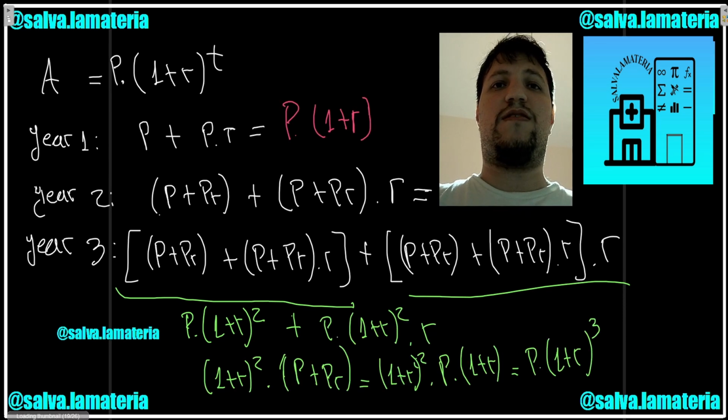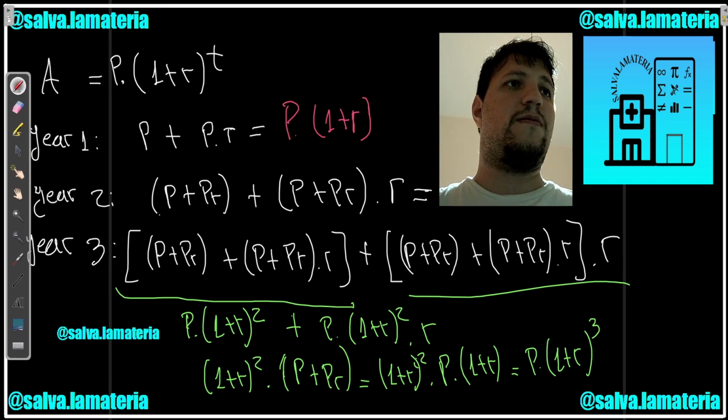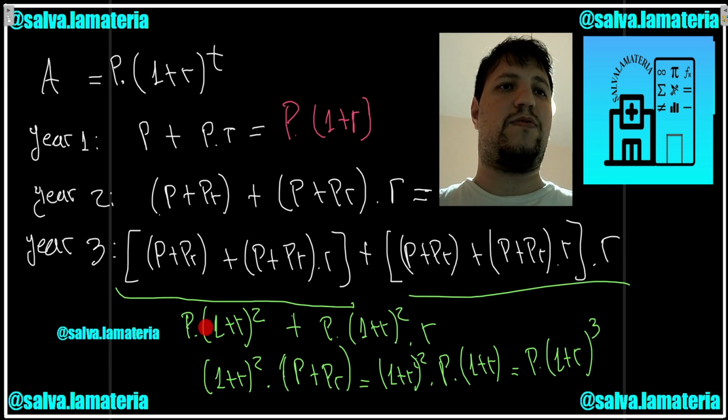So if I do the multiplication, it's really easy: P times 1 plus R squared plus P times 1 plus R to the power of 2 times R.